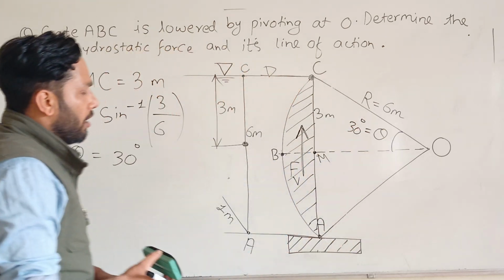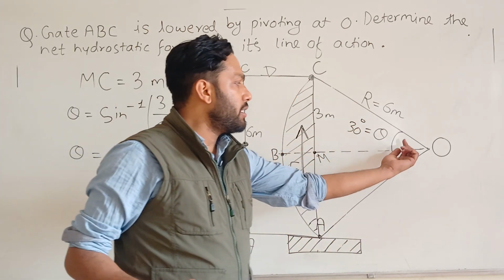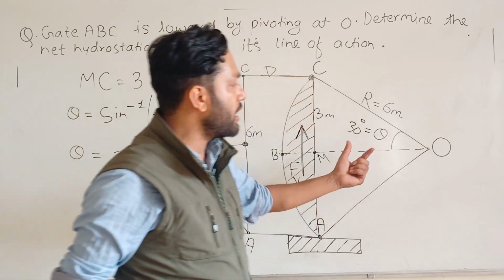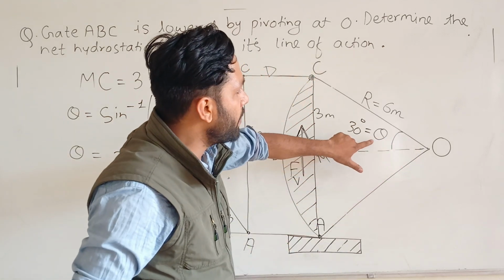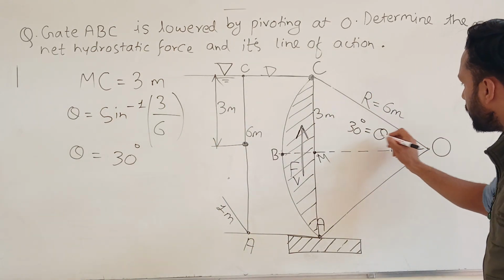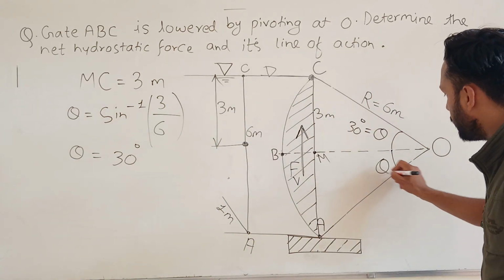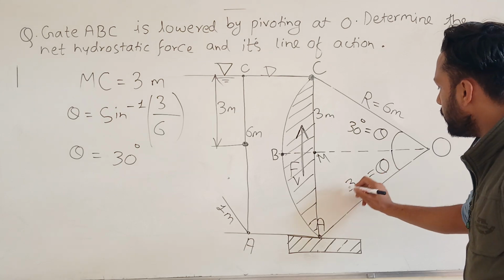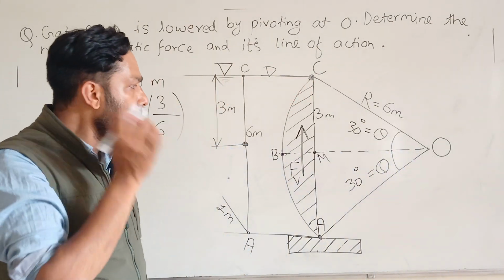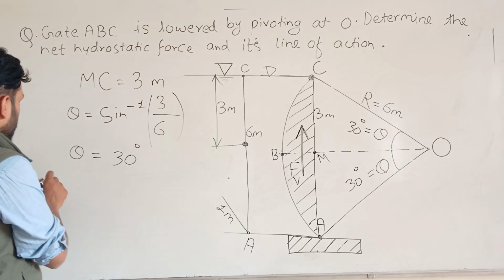Now this is not the area of the sector; we need to find the angle of the sector. So we need to multiply by 2 to get the angle of the sector. This is theta 30 degree and this is also theta, 30 degree. So add both to get the angle of the sector.